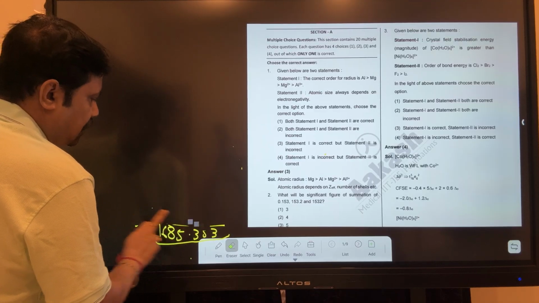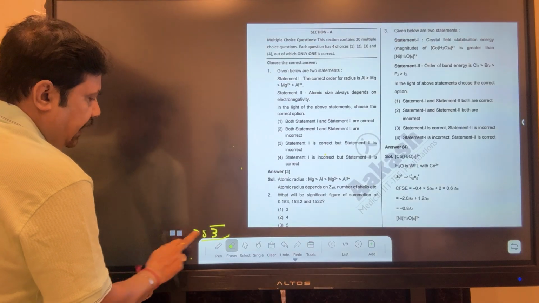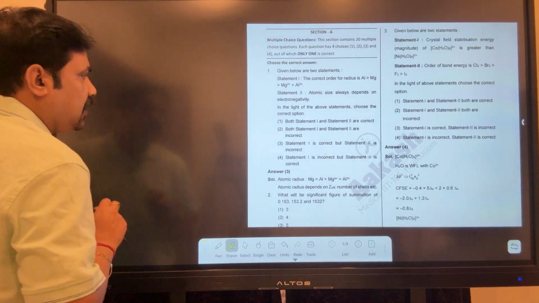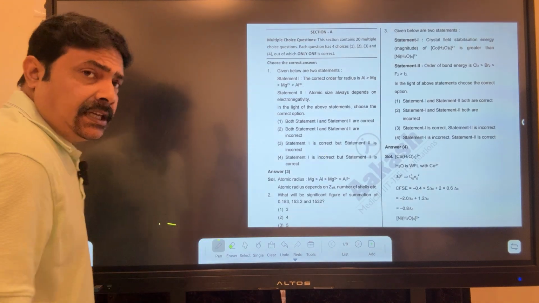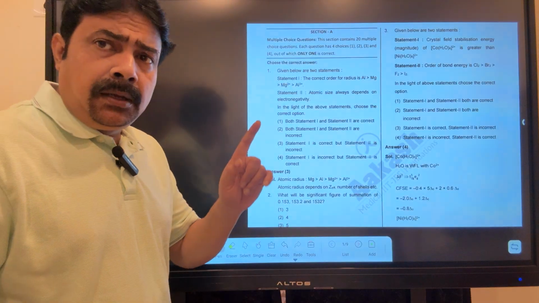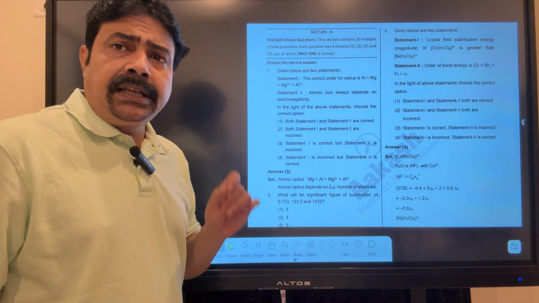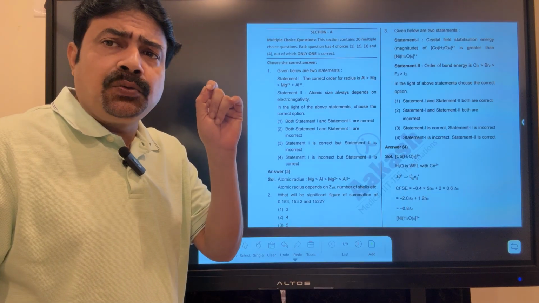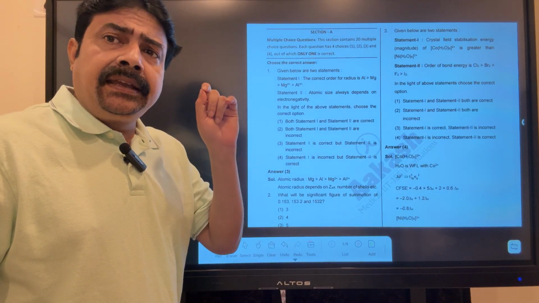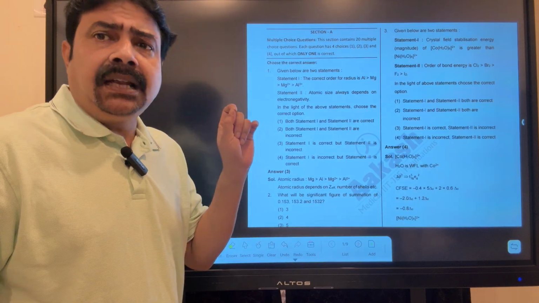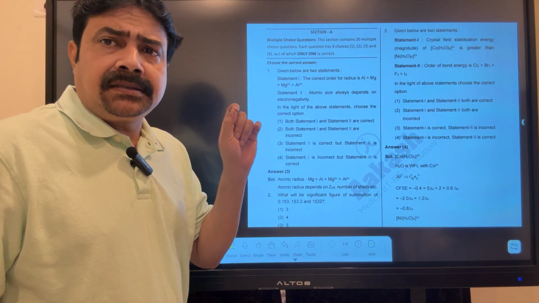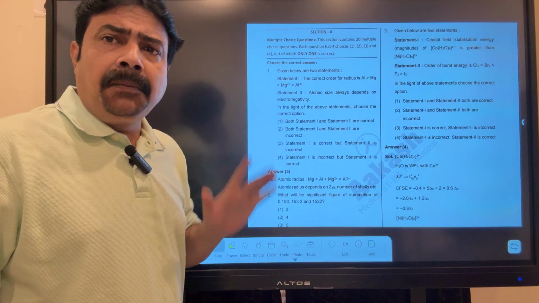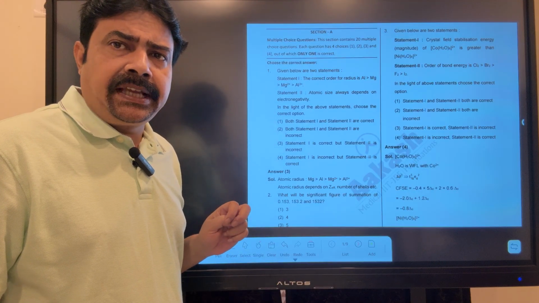Based on the ligand, there will be different electron filling orders. If the ligand is a strong field, then pairing will occur against Hund's rule and you will get the low spin complex, whereas if the ligand is a weak field ligand, pairing will not occur and you will get the high spin complex. Based on that, you will get different crystal field stabilization energies.